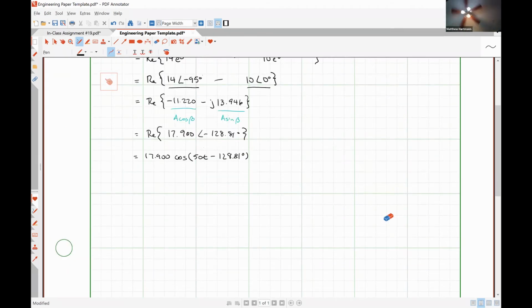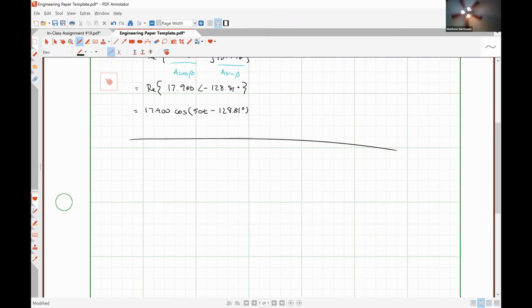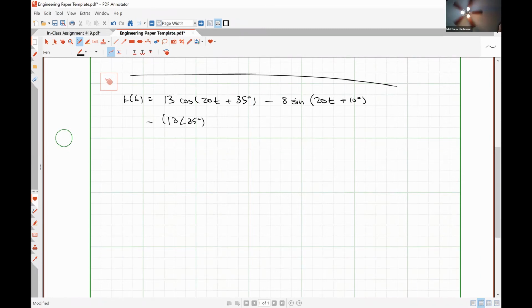So for example, this is not in the in-class assignment or anything, but if we had k of t equal to 13 cosine 20t plus 35 degrees minus 8 sine 20t plus 10 degrees, we could get the exact correct result by simply saying this is 13 angle 35 minus 8 angle negative 80 degrees.